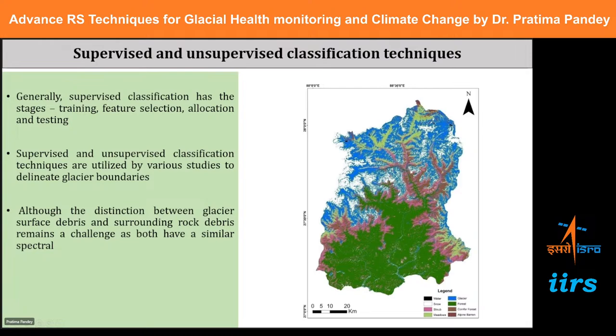For each of the classes, we train our tool, which can be in any software. We train it by giving the training areas, and depending on our training areas and training samples, it gives us this type of result where we can easily delineate our features based on what we have given to train the data.